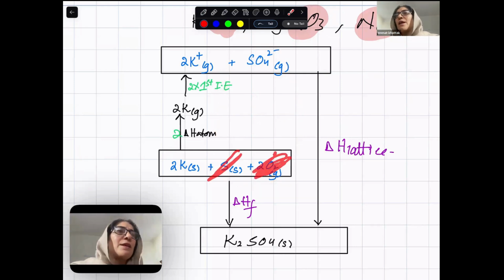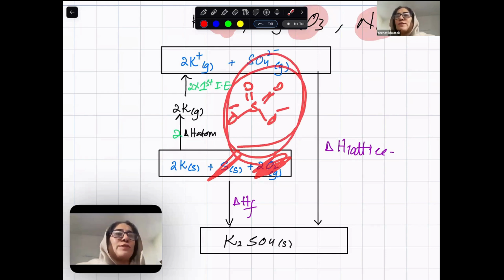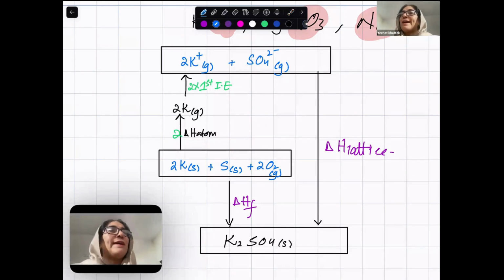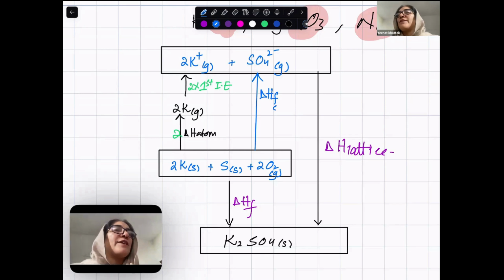This whole process, you are not supposed to do. In this case, direct either formation of sulfate. Formation of sulfate would be either given or this would be unknown.